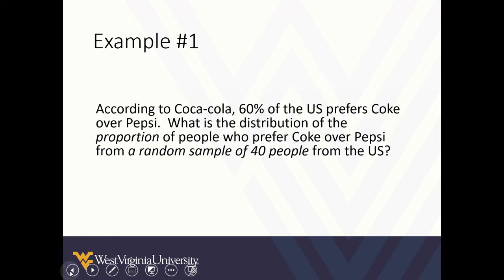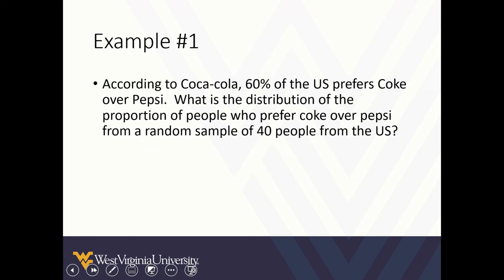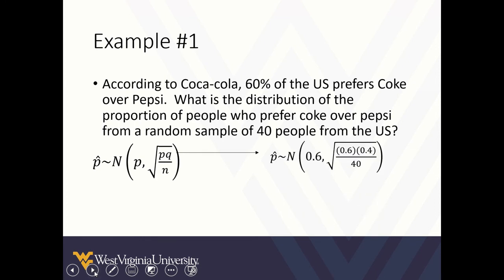Oops, looks like I made a typo in the sense that I copied the same slide twice. All right, so p hat is going to be approximately normal with mean p and standard deviation the square root of pq over n. So plugging in, that means that p hat is going to approximately follow the normal distribution with a mean of 0.6 and a standard deviation of the square root of 0.6 times 0.4 all over 40.